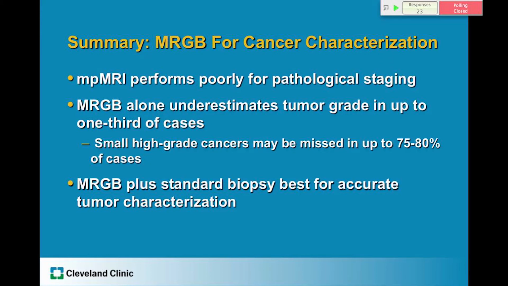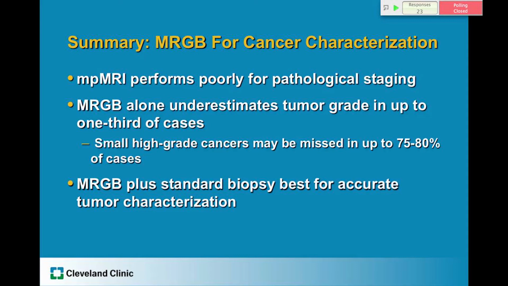But if you combine it with risk models, it does improve the performance of these risk models. MR-guided biopsy alone underestimates tumor grade in up to 1/3 of cases, and small high-risk cancers less than about 0.5 cc's in volume can be missed as well.